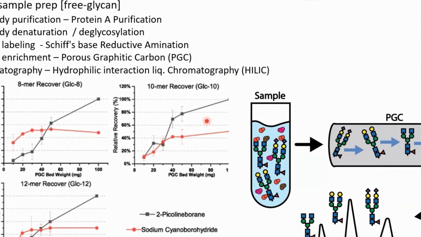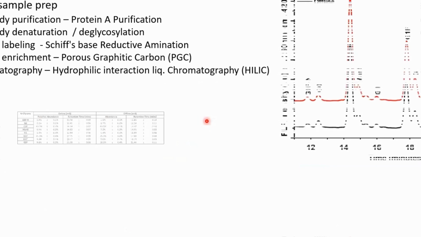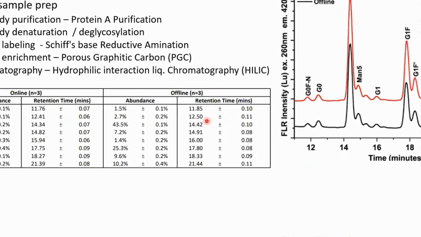After we were able to use this PGC enrichment and optimize for it, the next step was chromatography. Once the sample was pooled with all our glycans, we're able to run HPLC analysis by injecting it onto the HPLC. Again, we did this online and offline, and the only difference was that the online methodology used the N-GLYcanyzer system, the sequential injection system, versus the offline, which is what I did by hand.